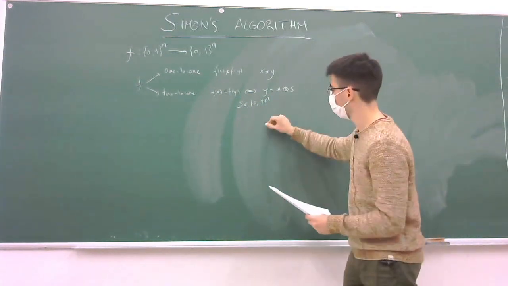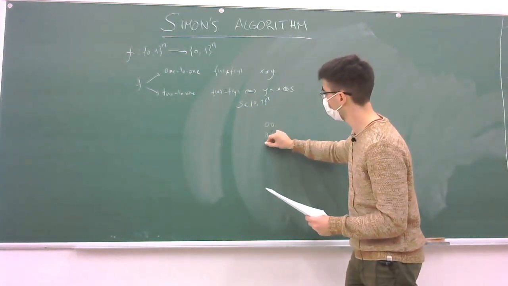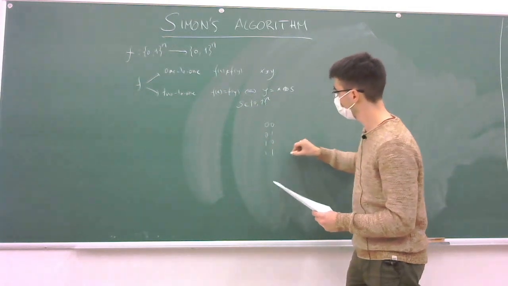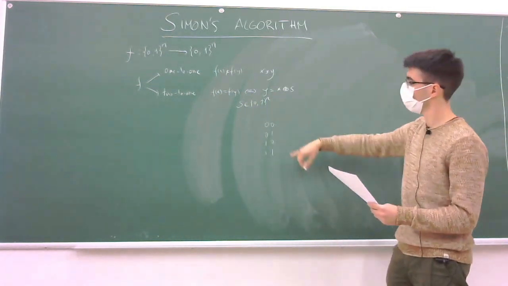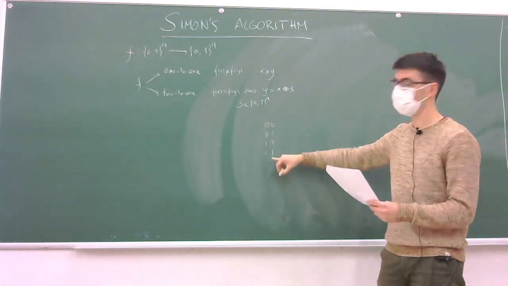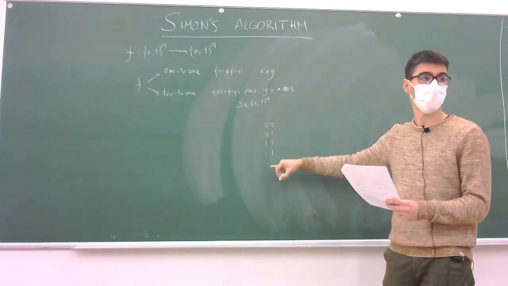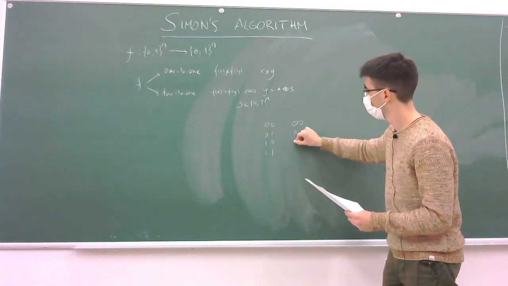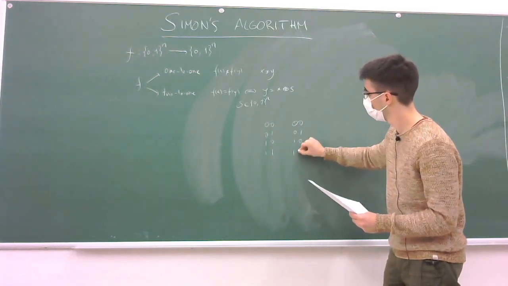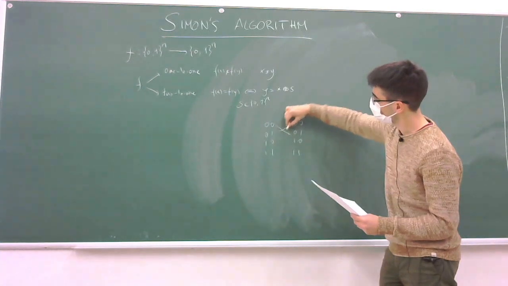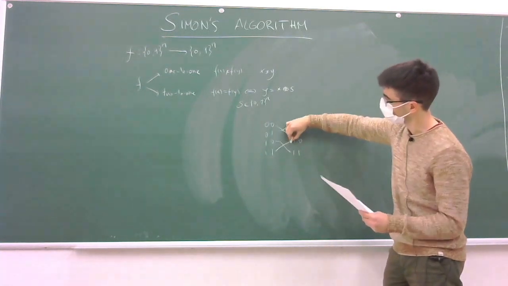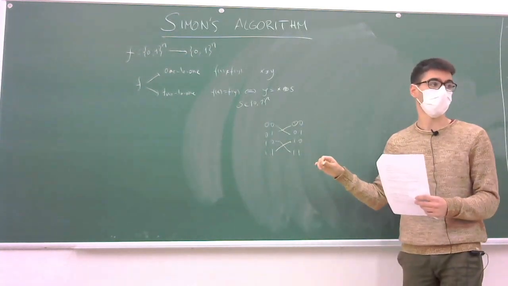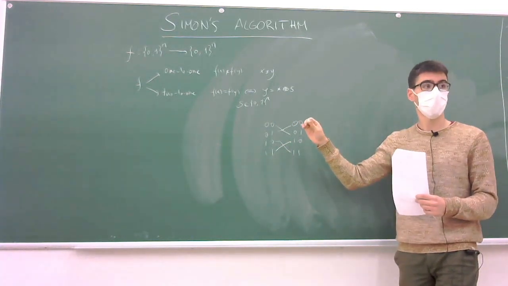Okay, so in the case 0 0, 0 1, 1 0, 1 1, a one-to-one function, for example, would map each of these four possibilities to these four possibilities, okay? So, for example, this to this, this to this, this to that, and so on. Each of them to a different possibility in the one-to-one example.